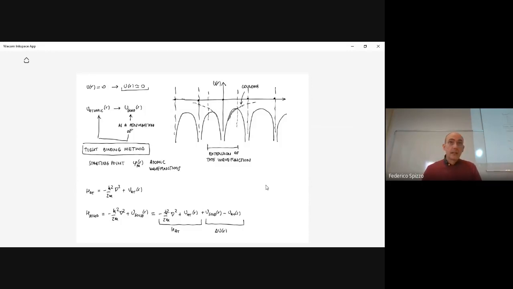If we call this delta U, if delta U is small, that means if the extension of the wave function that we are going to use is short, so those wave functions are not able to probe the strong difference that you have between the solid state contribution and the atomic contribution as it happens here.